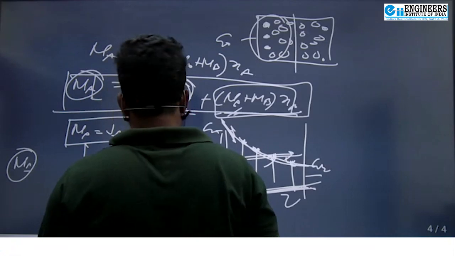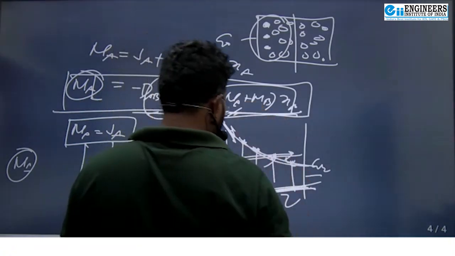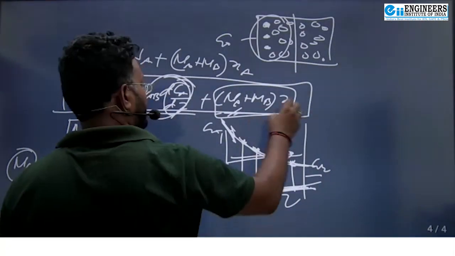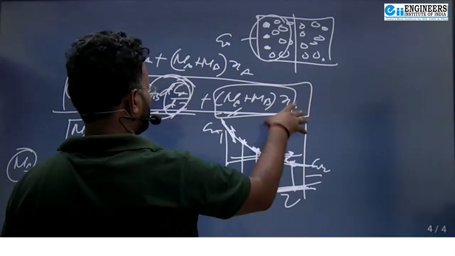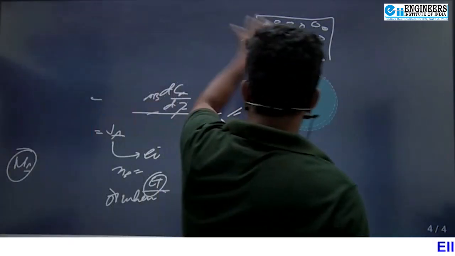Clear? But when the solution is very dilute, X_A is already very, very small. Even the maximum possible value of X_A is very small. We can neglect the contribution term and only N equal to J remains. These are the two cases where N equals J.